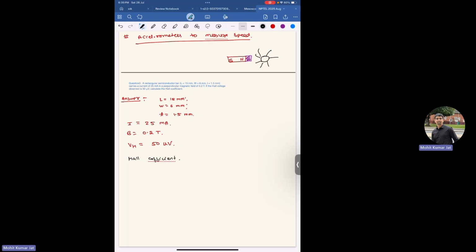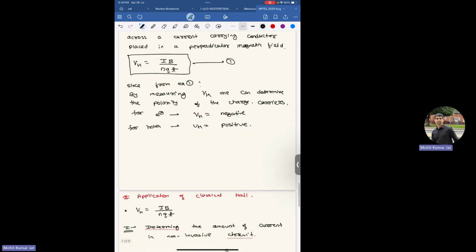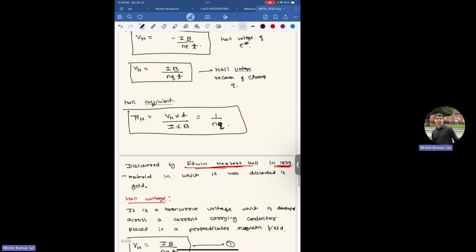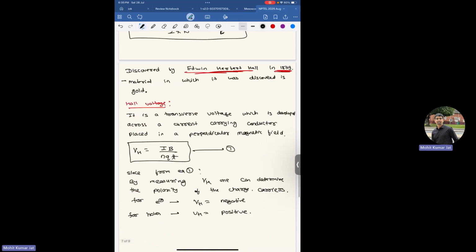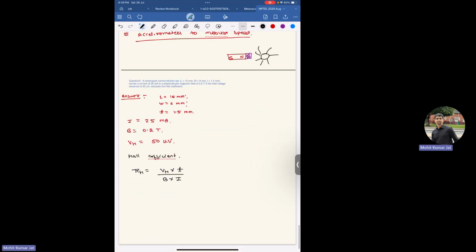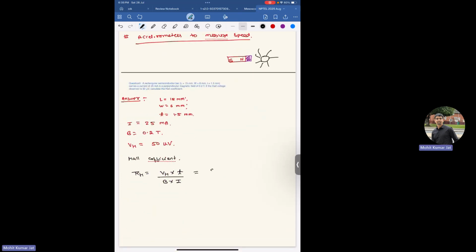We have calculated the Hall coefficient. RH is nothing but VH times T by B times I. Right? So RH is VH times T by IB. Let's just substitute the values. VH is 50 microvolt, 10 power minus 6. Thickness is 1.5 mm. Then your magnetic field B is 0.2 Tesla and your current is 25 into 10 power minus 3.